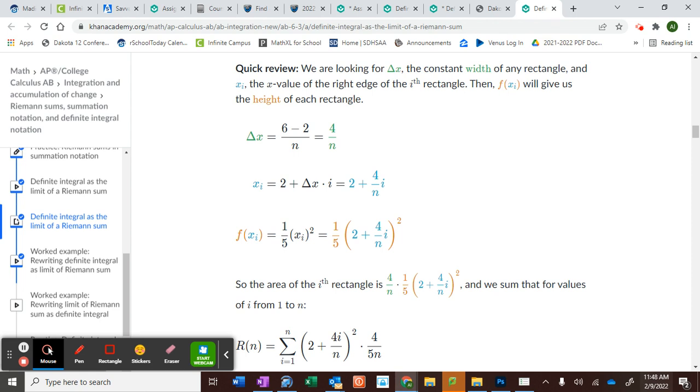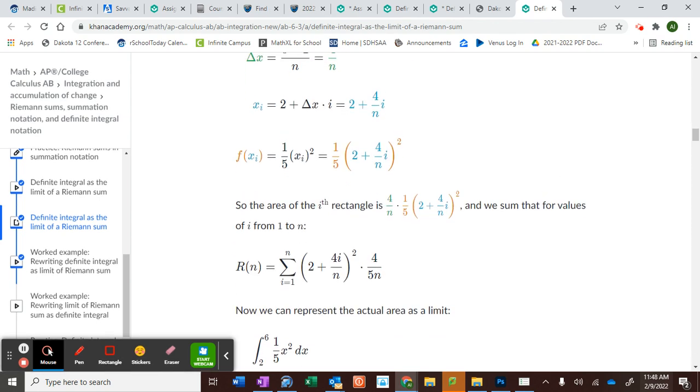The bottom number plus how much each rectangle changes, times the letter I, and I will be the bottom number of your summation notation where we start at 1. And then we go through. And we're going to figure this type of thing out from the original.